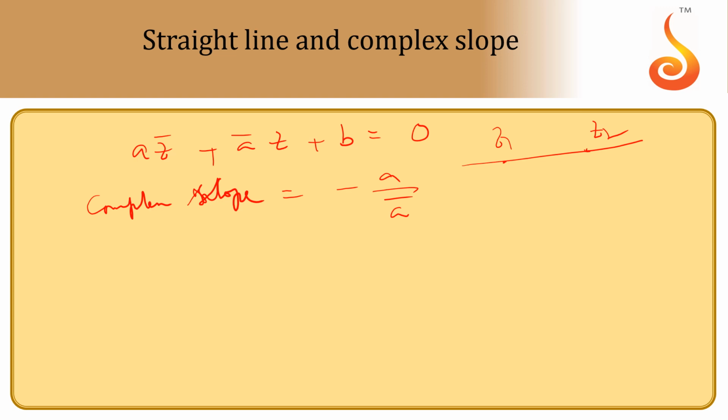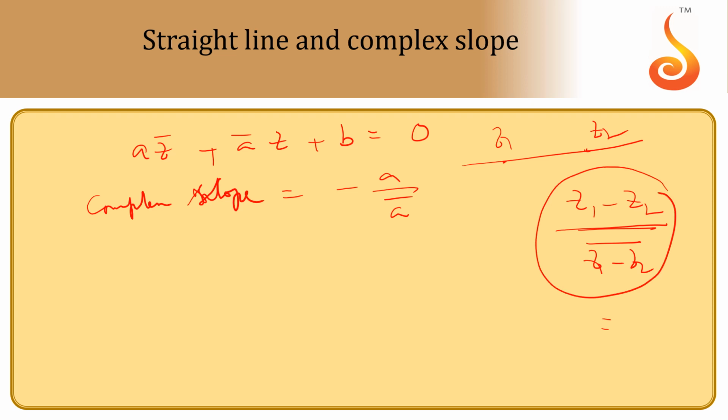If you convert them into geometry, (x1, y1), (x2, y2), its real slope is y2 minus y1 by x2 minus x1. But there is another word I am introducing now: z1 minus z2 by its conjugate, z1 minus z2 whole bar. This will result in another complex number, again a point.